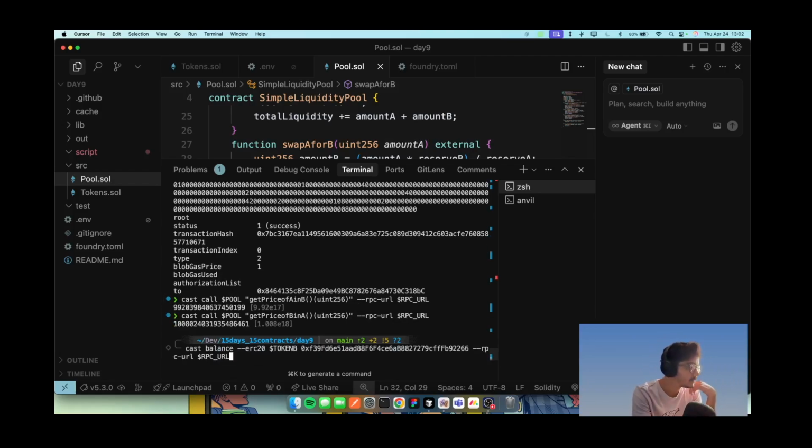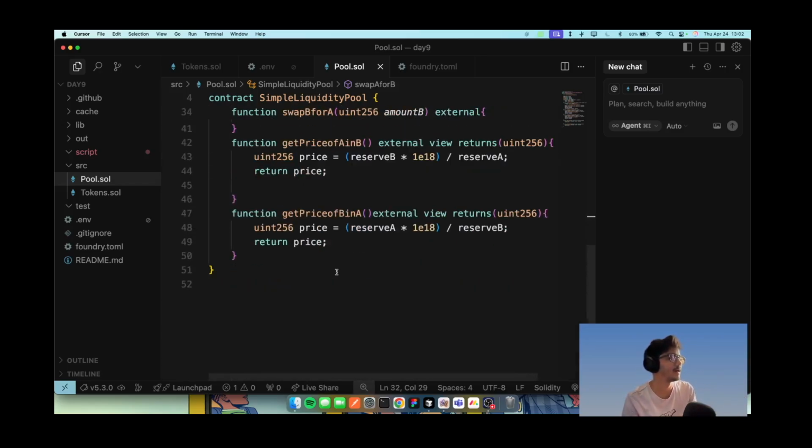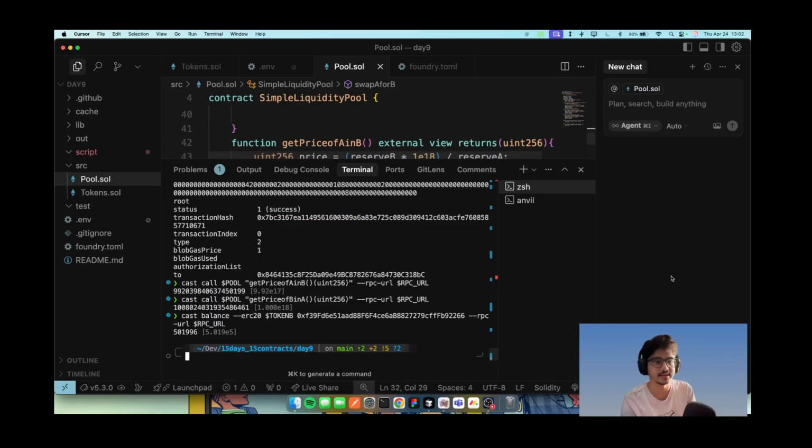Now let's see the balance of B. So they got 1996. When he sent the 1000 first, he got 1000 back, and then again he sent 1000, he only got 996 back. That means the pool price of B is increasing and the pool price of A is decreasing.